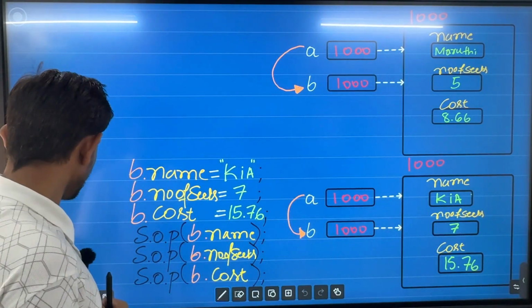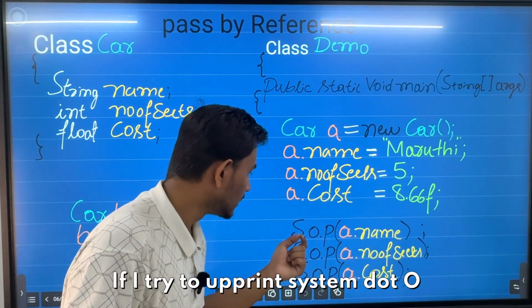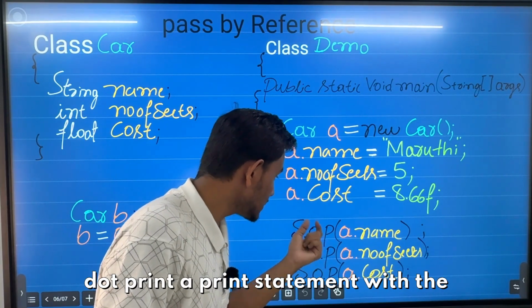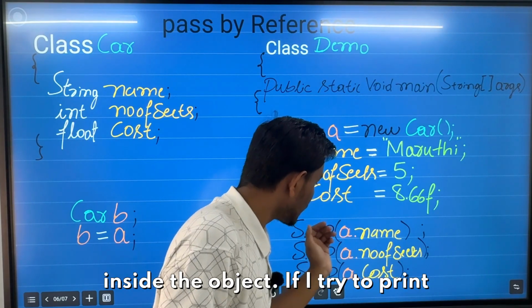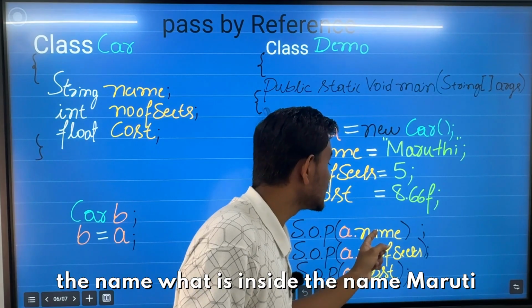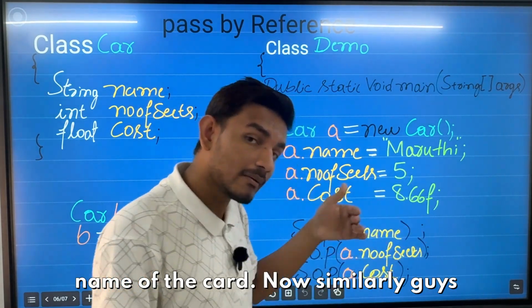Finally, if I use a print statement, System.out.print, with the reference variable dot operator, going inside the object to print the name, what is inside the name? Maruti. The Maruti will be printed as the name of the car.